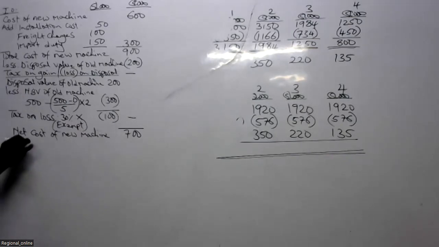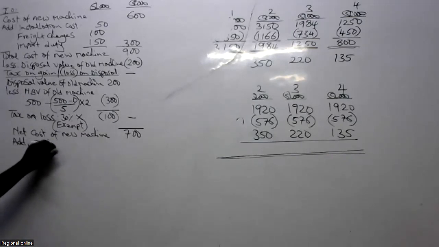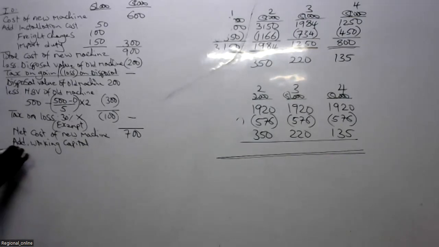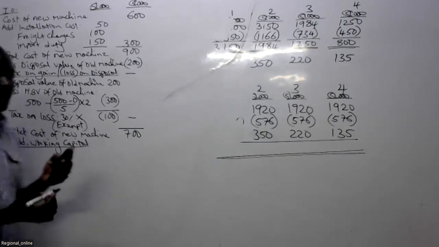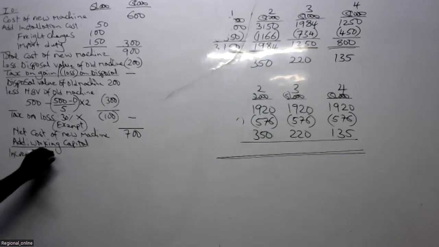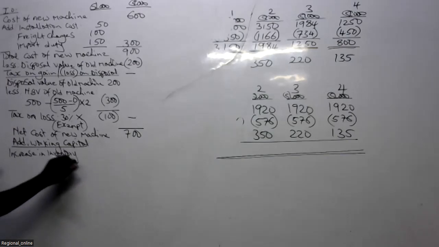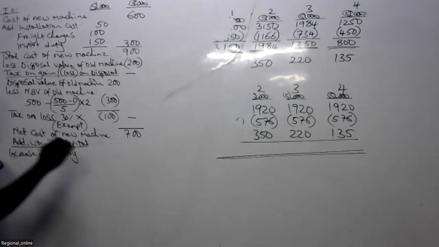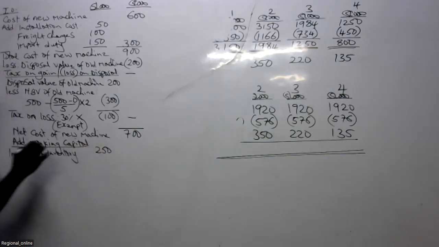Then we add what? We add our working capital. So working capital: increase in inventory. Stock will increase by how much? I think 250. Debtors, what increase and what reduce?